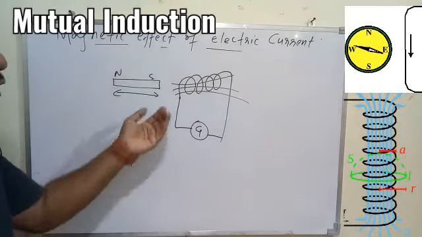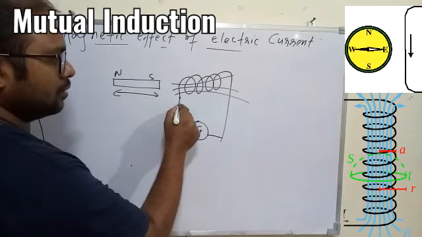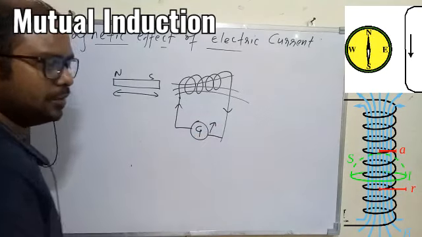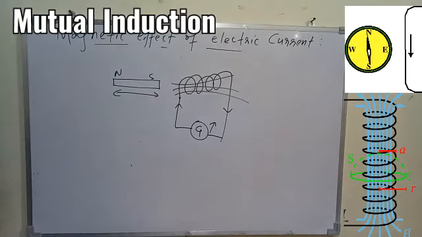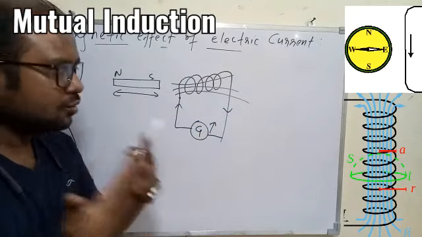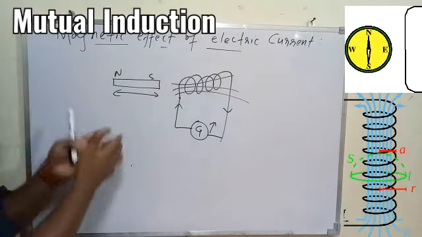Accordingly, current will be induced in the coil, clockwise or anti-clockwise, and this will be shown by the needle of the galvanometer moving to and fro, in both directions. This part we understood. So overall we have a coil in which the magnetic flux should change, and for that change we took the help of the magnet.